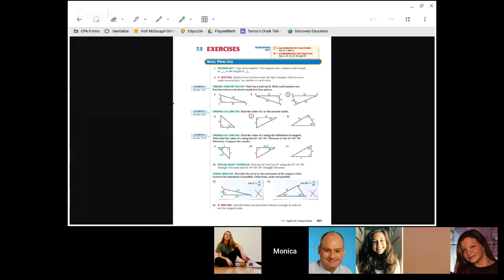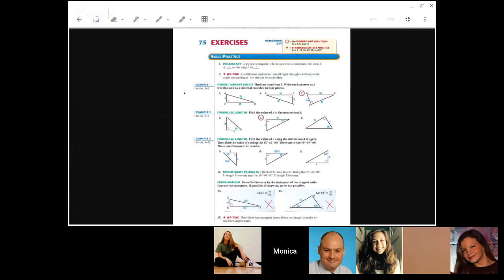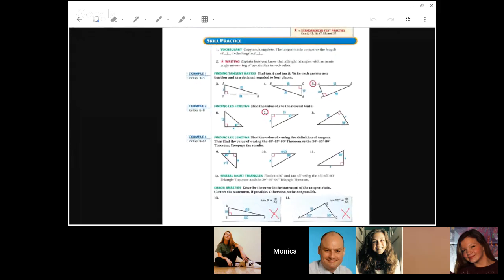So let's see. If we look at 6 and 8 here, you're just going to set those up how we have been. There's nothing new there, okay? You're going to use the tangent of 41 on number 6.